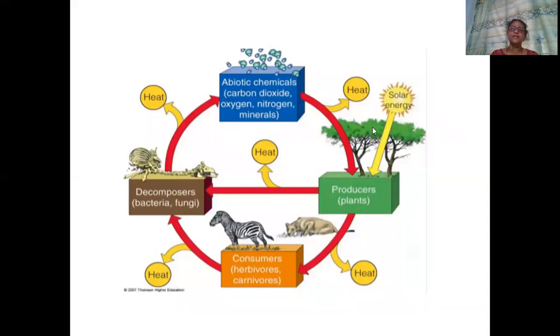So plants, which are the producers, take up the sun's energy and minerals from the soil, air, or water, and then produce food by photosynthesis. They use this organic food for their own development and growth. Then they are eaten by the animals, that is the herbivores, and these herbivores are in turn eaten by the carnivores.